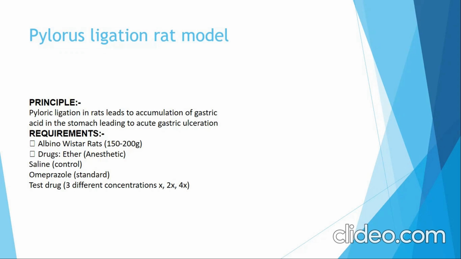The requirements for the experiment are albino Wistar rats weighing between 150 to 200 grams, ether required for anesthesia, saline solution used to treat the control animals, omeprazole used as a standard anti-ulcer agent, and the test drugs.